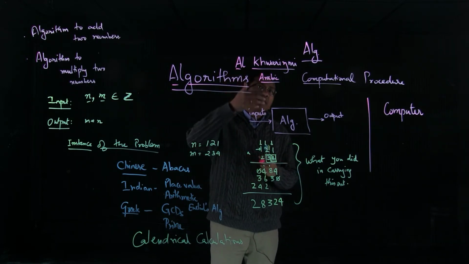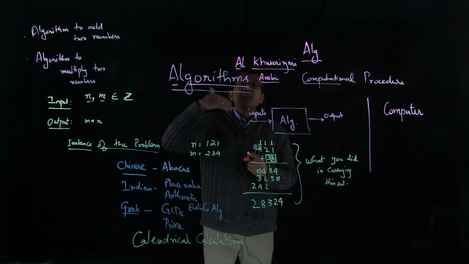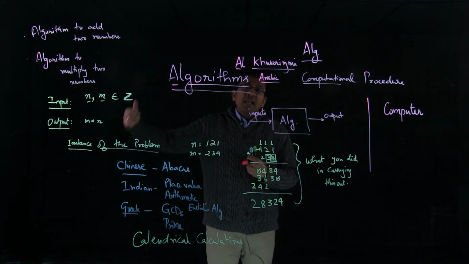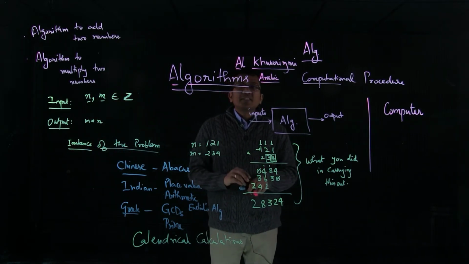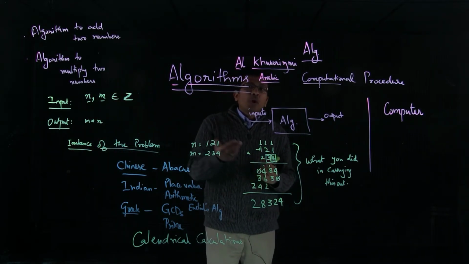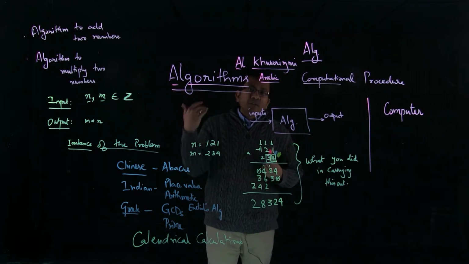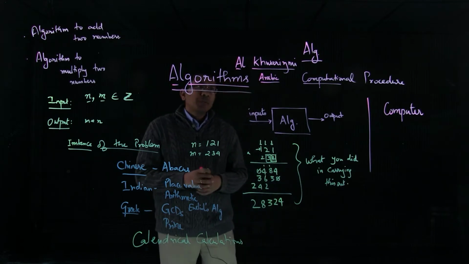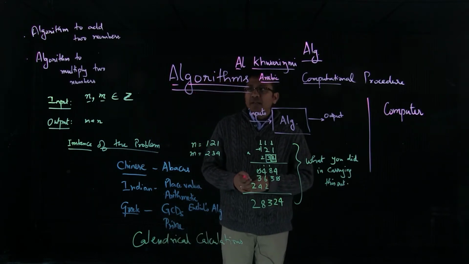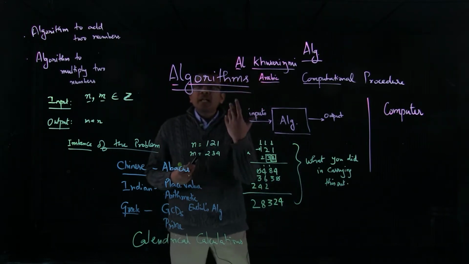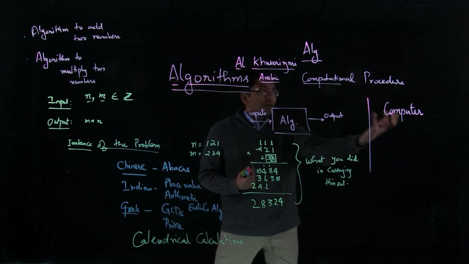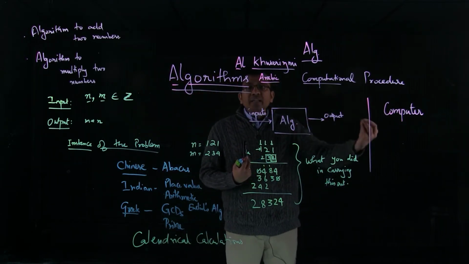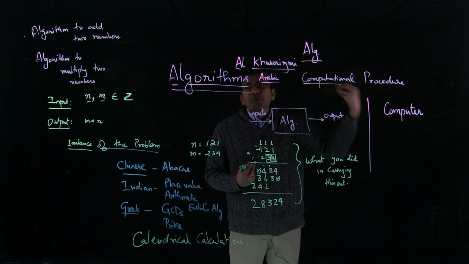And because the book that Al-Khwarizmi wrote was translated into Latin and studied by Western scholars, it became so popular that the term that we use for algorithms comes from his name, or more from the town that he came from, all right?